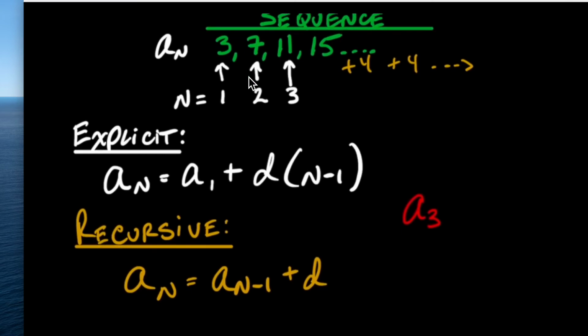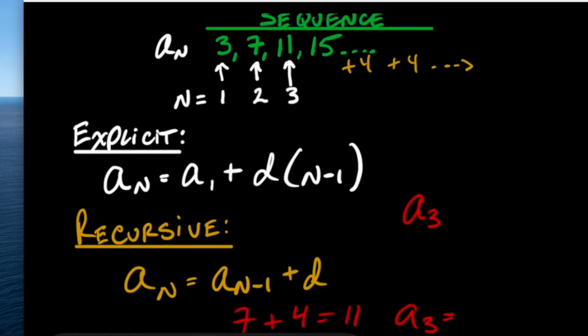That value is 7, and we add the common difference, which is 4. So a sub 3, the value at position 3, is you take the value at the position one step to the left and you add the common difference. What could be simpler than that?